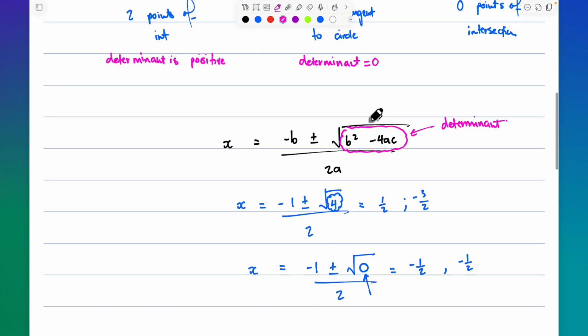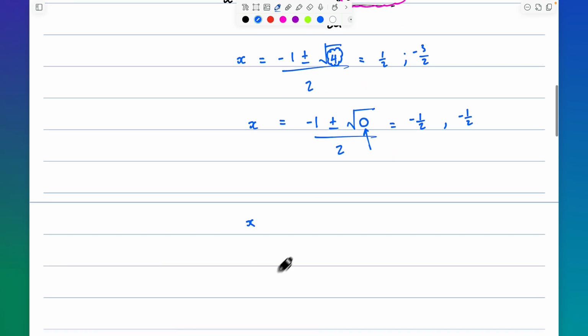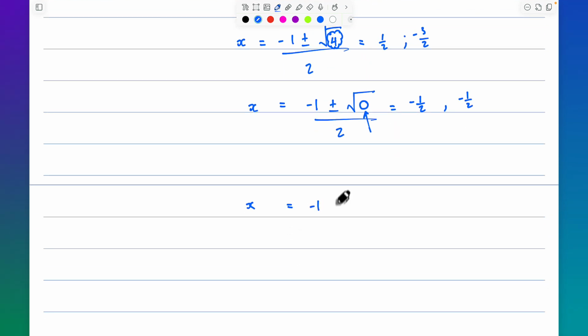All right, and then your third solution. Again, I'm going to use exactly the same numbers as before. If we had negative 1 plus minus the square root of, if we made this negative 4, right? If you threw this into your calculator, negative 1 plus minus the square root of negative 4 is not a real number. So now we're going into complex numbers, which you don't have to worry about for your AS, thank goodness. If you put this into your calculator, it would give you an error, which means there is no solution.